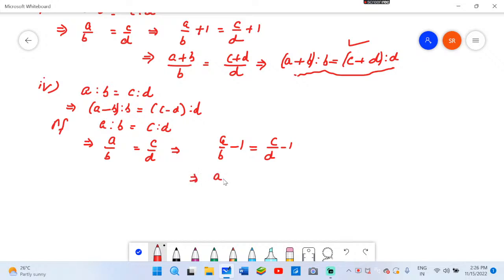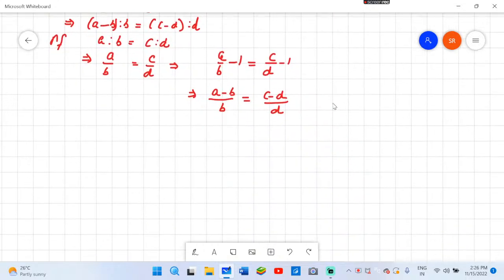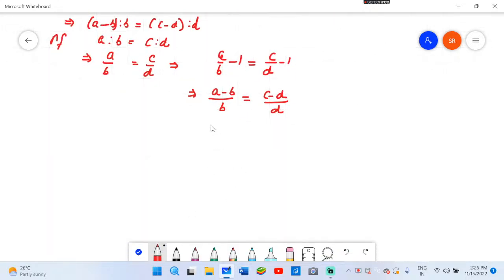That gives me A minus B whole upon B equal to C minus D whole upon D, which I can write in the ratio form as A minus B is to B equal to C minus D is to D. This becomes dividendo. The property is called dividendo.